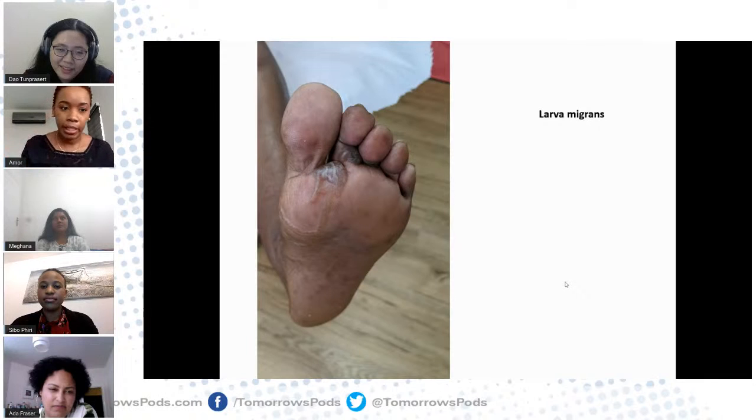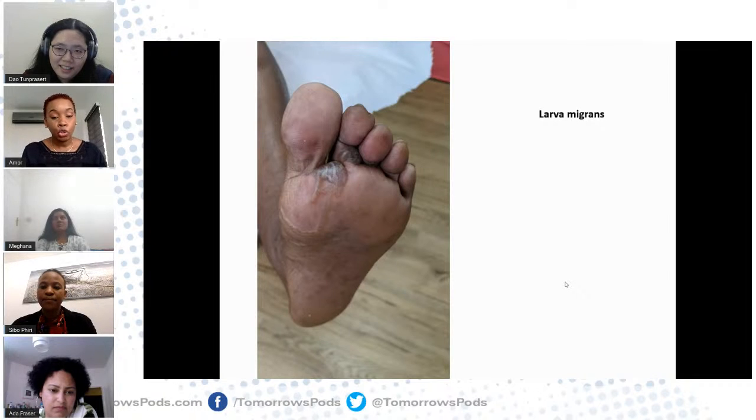This is where history comes in again. A patient presenting with this, having come from a beachy vacation overseas. Larva migrans is basically an infection that you pick up from dirty sand. Like when dogs poo in the sand, you get infected.